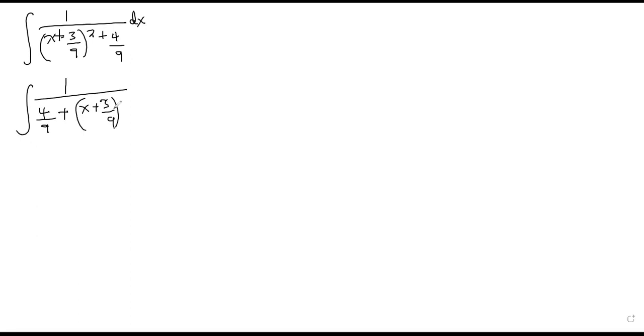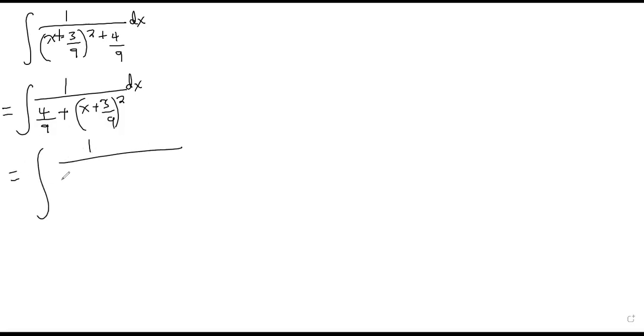Most of these steps can be skipped if you are cautious, but to avoid making mistakes, you can follow all your steps. Now, this one here, we are going to factorize out 4 over 9.